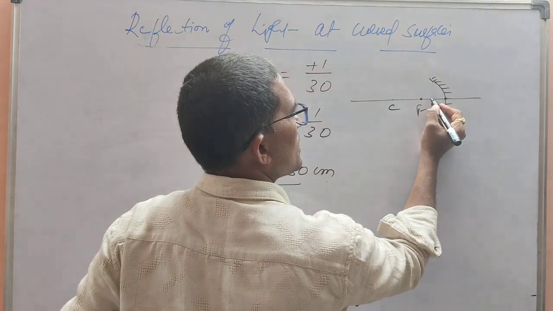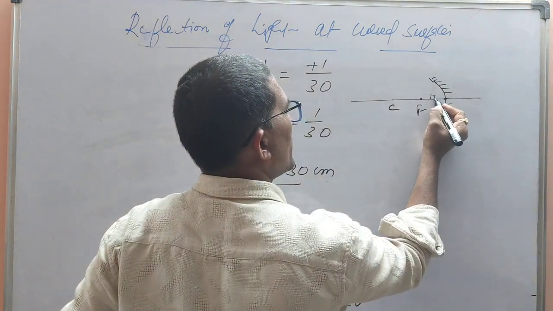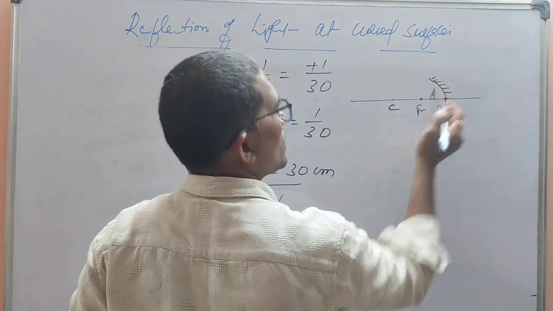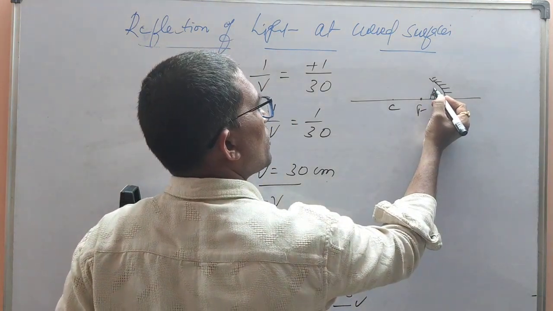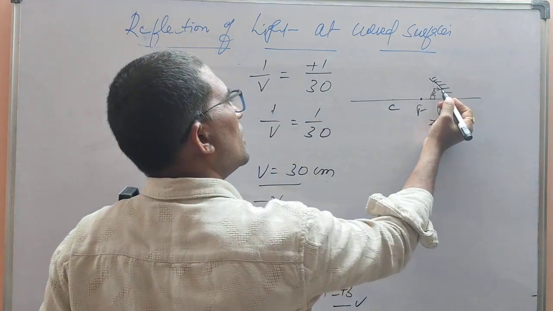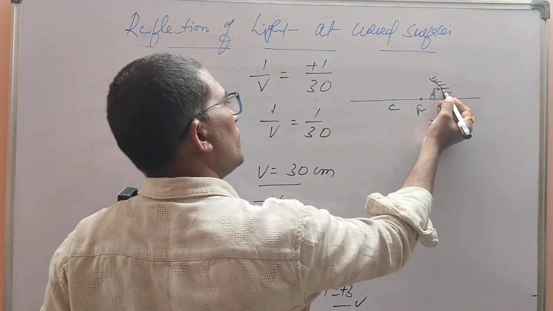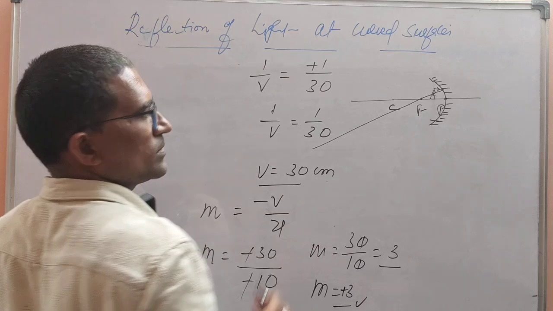Now the object is placed between P and F according to the values. Okay, now as usual, we know the first ray is parallel to the principal axis, and after reflection passes through the focus.